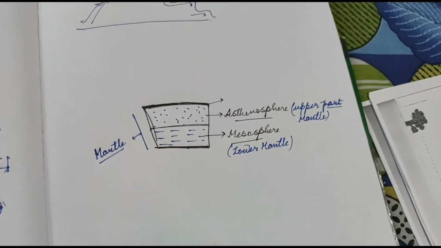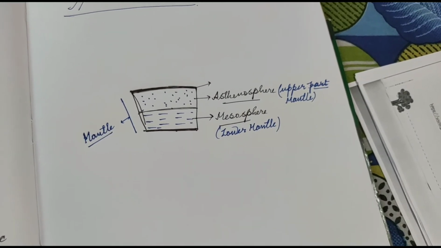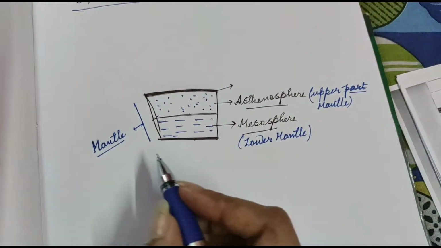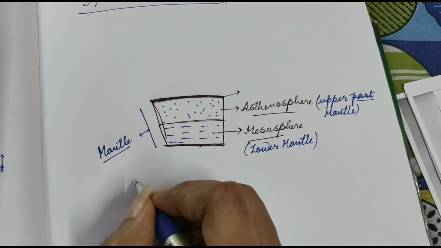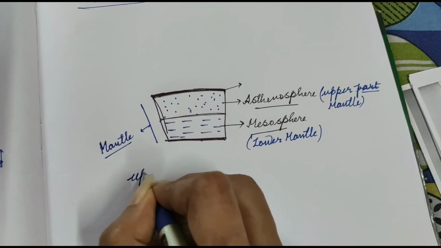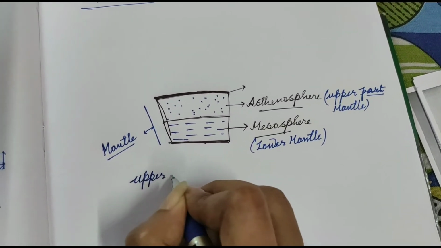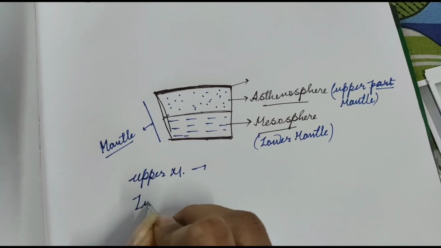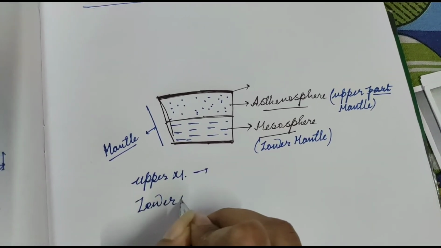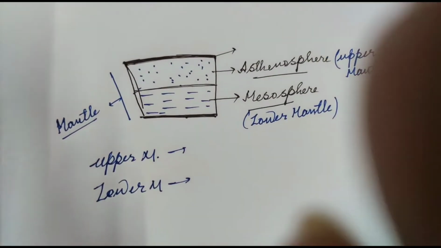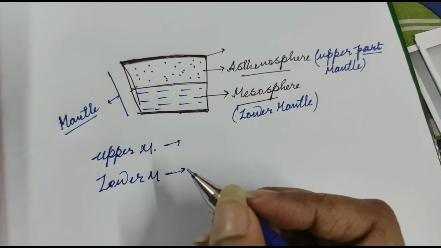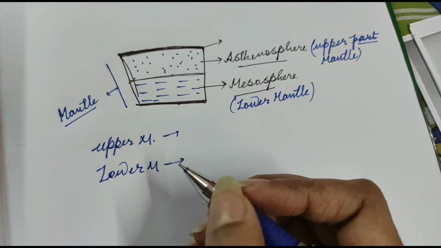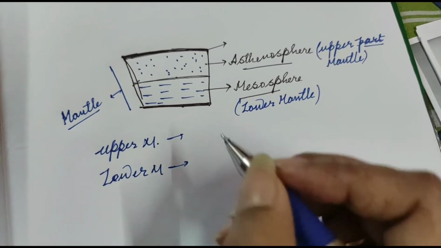So these are the two parts, and there is another name for the upper part: upper mantle and lower mantle. The upper mantle is also called Crofesima.